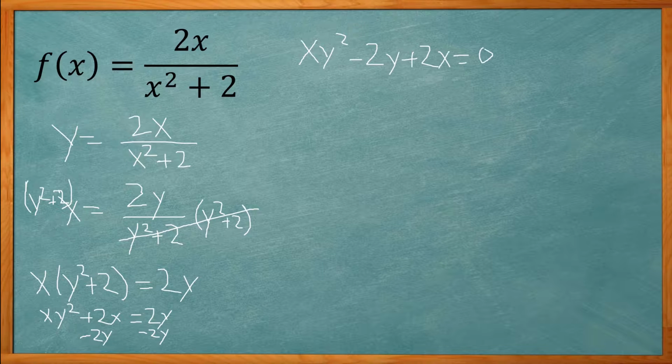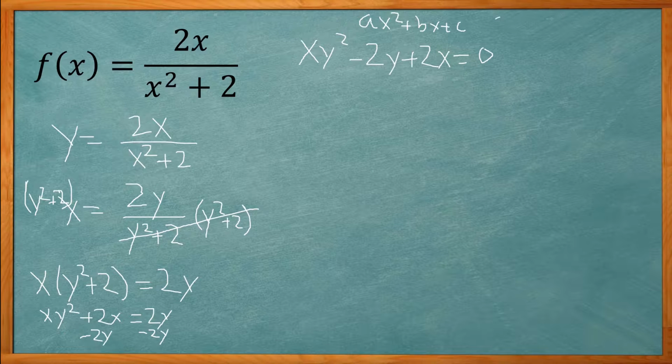Now this looks kind of odd. I have xy squared minus 2y plus 2x. So I can't really factor that. But if I look at the quadratic, it's ax squared plus bx plus c, and really our y is our x term.